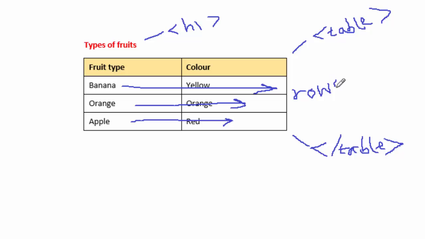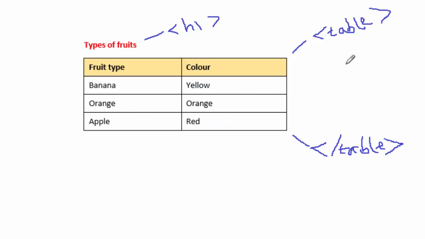So these are rows of the table. To make these rows, we have to use the tr tag. And the tr tag is a short form of table row.